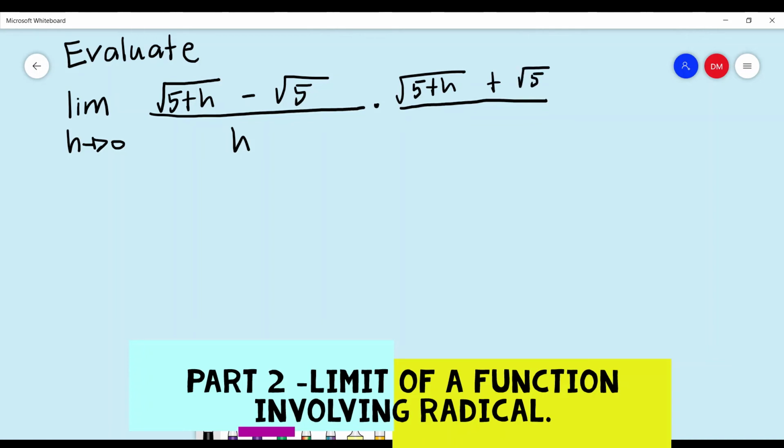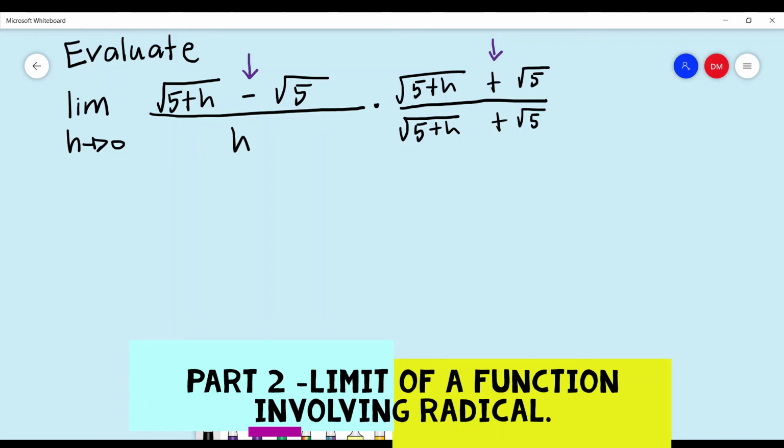And we have to write the same expression in the denominator. So before we go to the next step, please look at the sign between the two terms. From negative, we change to positive.